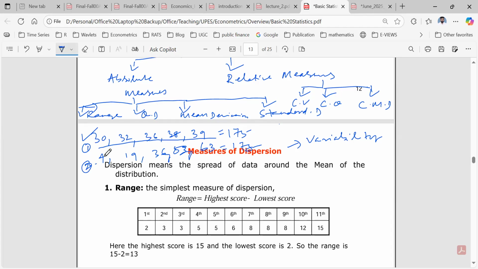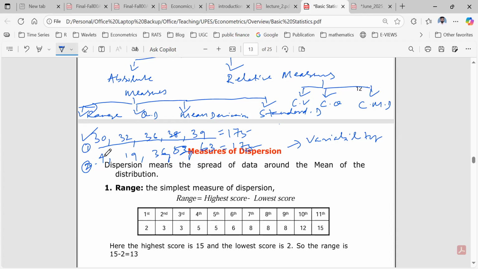Are they close to each other, Sangeeta? No, sir. How will we find out whether these two series are the same or not? We have to find out the dispersion. Dispersion will give us an idea which series is more variable or fluctuating, or which is farther from its mean value compared to the other series.